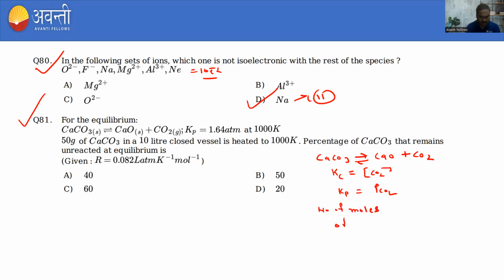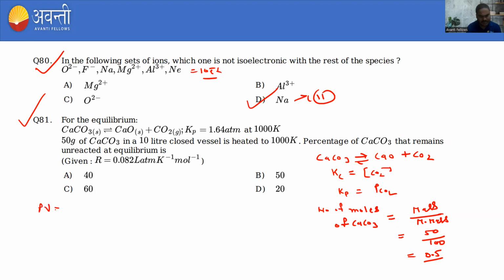Now, the number of moles of CaCO3 is nothing but mass divided by the molar mass. So it comes out to be 50 divided by 100, or we can say 0.5. कितना है ये? 0.5. So this is the number of moles of CaCO3. Now apply the ideal gas equation.